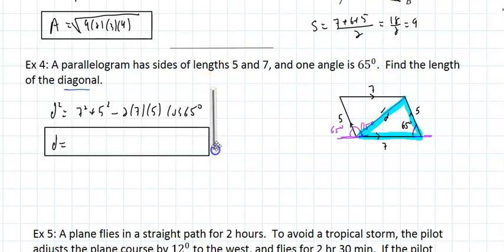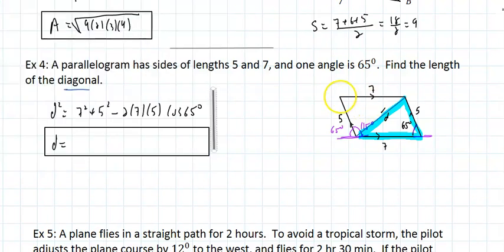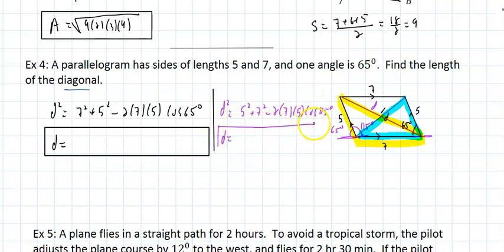And what if I wanted to find the other diagonal? What if I decided this is really the diagonal, and now I'm looking at this triangle? Wouldn't you say that diagonal squared is 5 squared plus 7 squared minus 2 times 7 times 5 times the cosine of 115 degrees, and D will equal the square root of whatever that is.